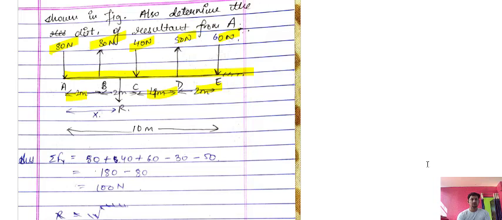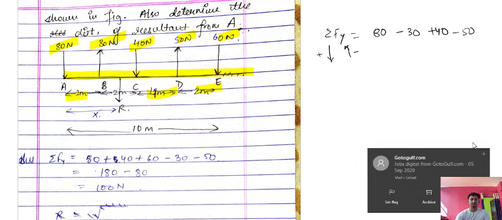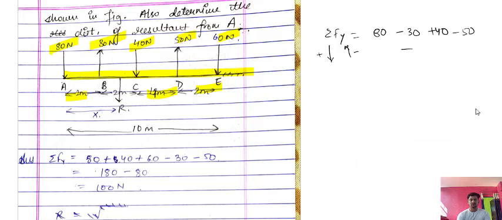First of all you have to do the summation of all the forces. The summation of forces in the y direction: suppose we take the downward forces as positive and upward forces as negative. So 80 going downwards, 30 going upwards, 40 coming downwards, 50 going upwards, and 60 coming downwards, so plus 60.